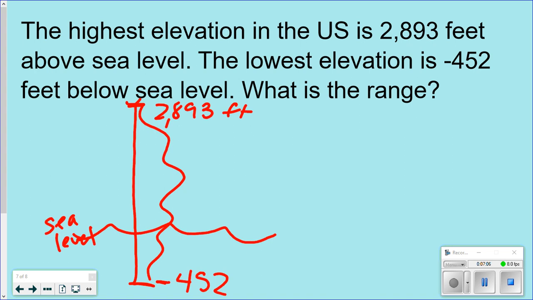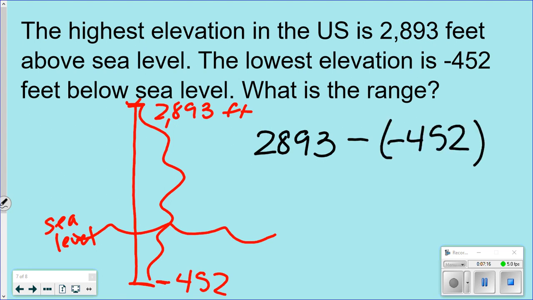So the easiest way to do that is to take 2,893 minus a negative 452. You might be wondering why I put parentheses around that. A lot of times we just do that to keep the subtraction and the negative away from each other. Another thing I want to remind you of: when you start doing subtraction, write it in a line like this and not up and down.